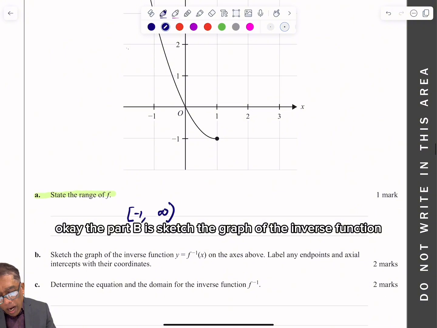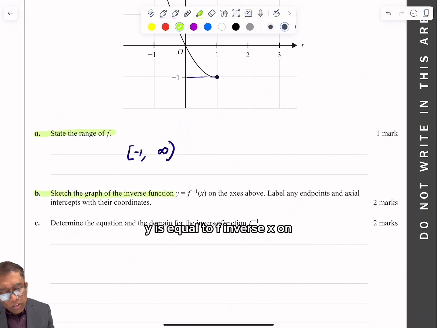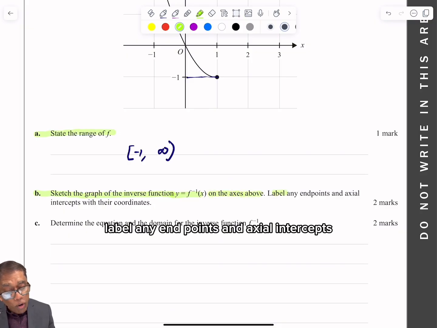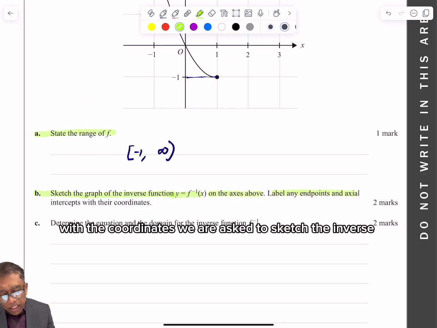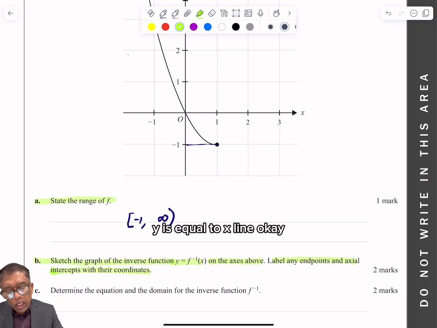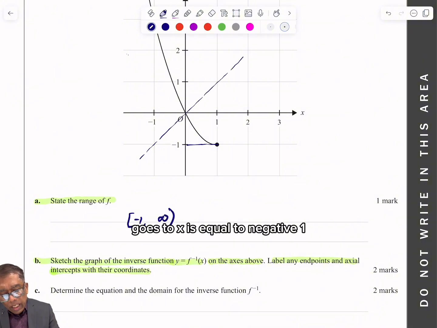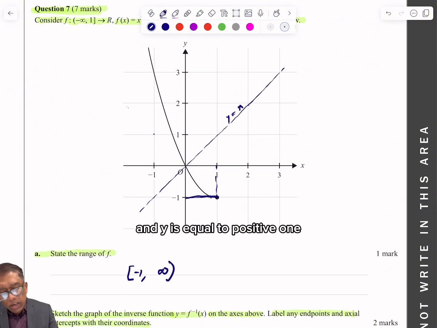Part B: sketch the graph of the inverse function y equals f inverse of x. On the axes above, label any endpoints and axial intercepts with their coordinates. We are asked to sketch the inverse function. The inverse function is the reflection through the line y equals x. So x equals 1, y equals -1 goes to x equals -1 and y equals 1.